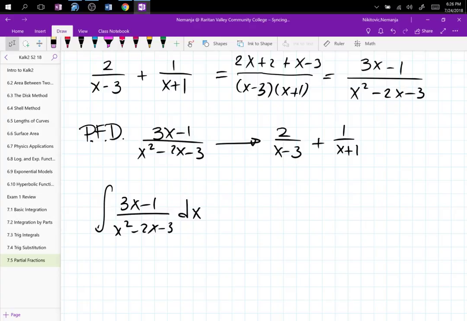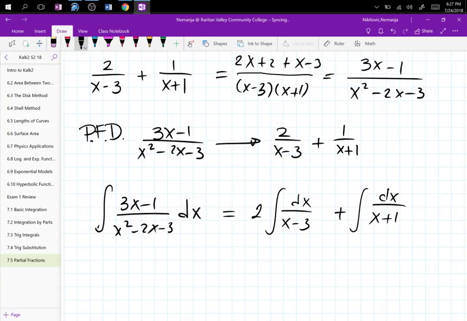But if you know how to do the partial fraction decomposition, this integral becomes 2 times the integral of dx over x minus 3 plus the integral of 1 over x plus 1 dx. Because you remember that you can break the integral into 2 integrals if you have multiple added terms. And now it's easy, right?